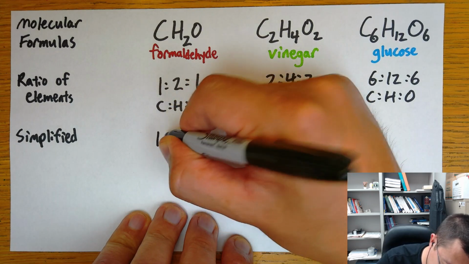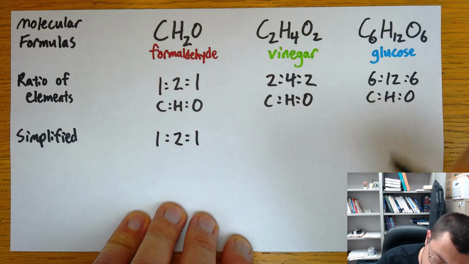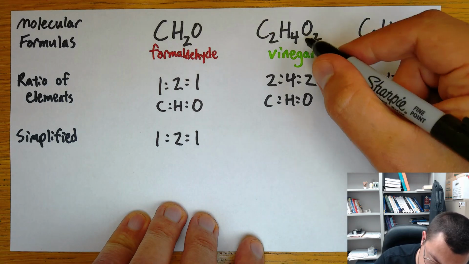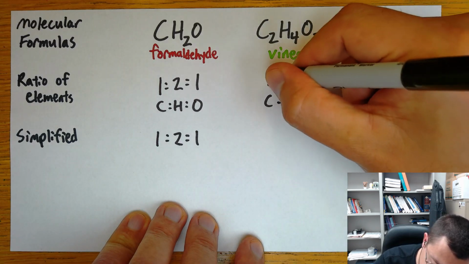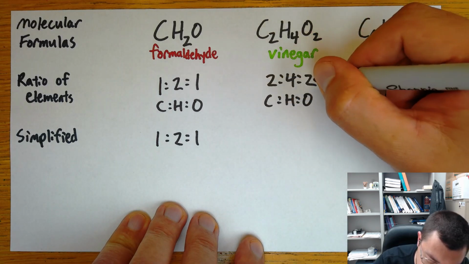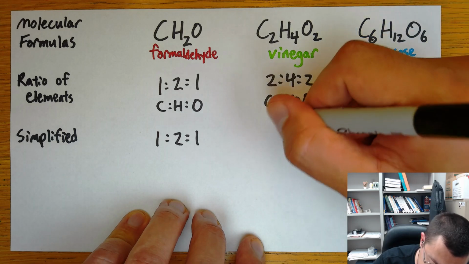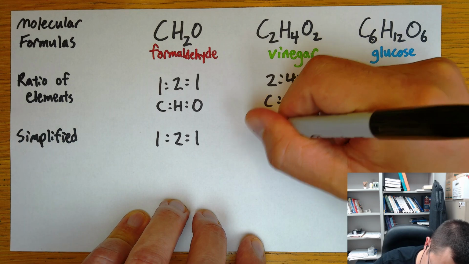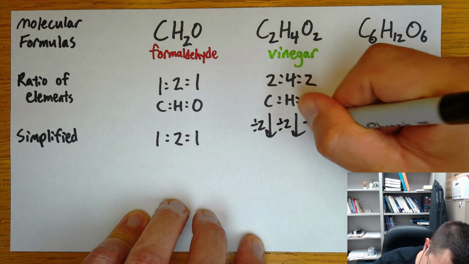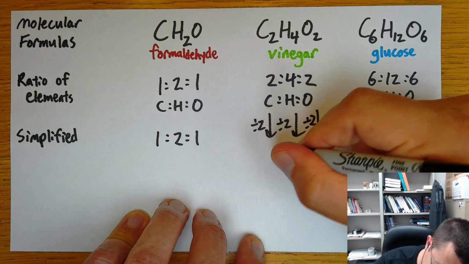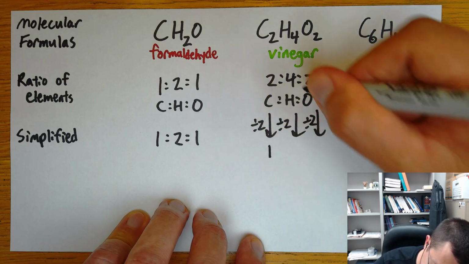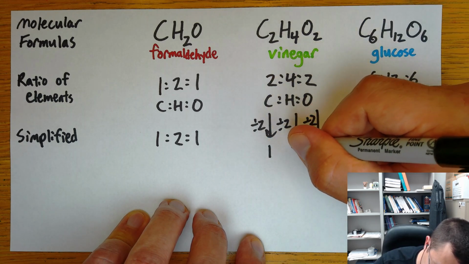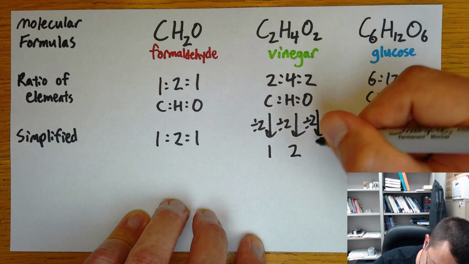Well, that's still going to be 1 to 2 to 1 for formaldehyde. For vinegar, we can take out a common factor of 2 out of these numbers, and we can get a simplified ratio of 1. 4 divided by 2 is going to be 2, and then 2 divided by 2 is 1.